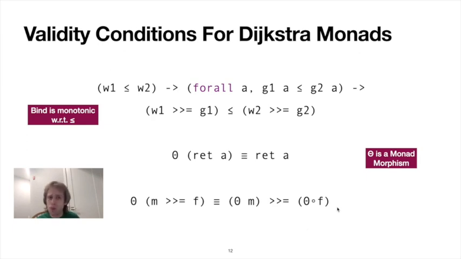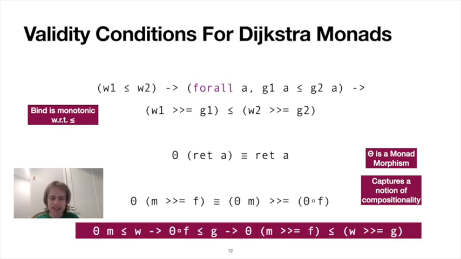You might be wondering why we insist on these propositions to be true, and that's because together they capture a notion of compositionality. The proposition at the bottom is provable from these. So suppose you have a program m bind f, you want to know that it satisfies some specification w bind g.